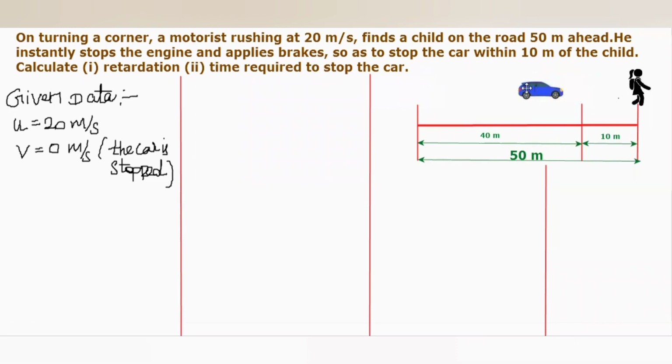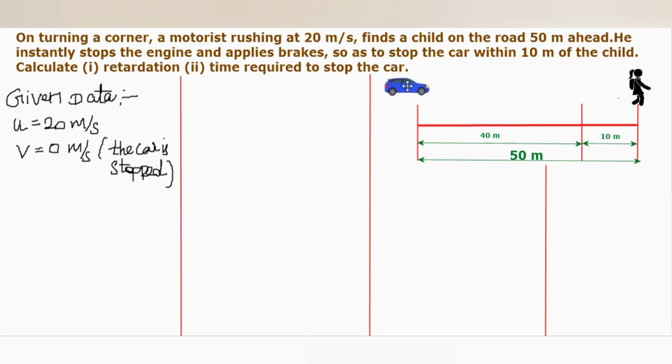So the distance traveled by the car will be from x equal 0 to x equal 40 meters, that is 10 meters before the child.